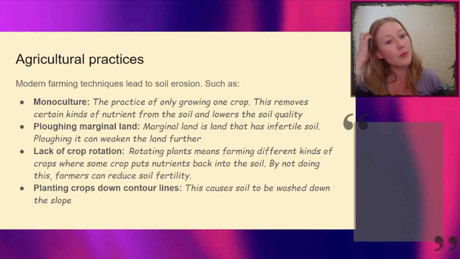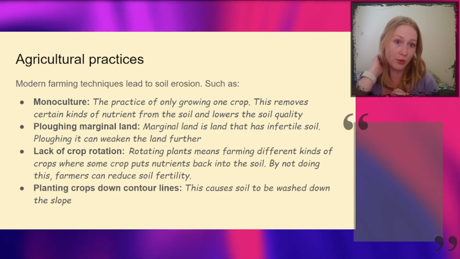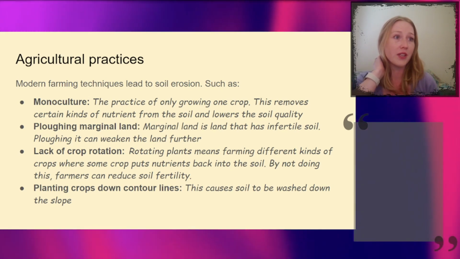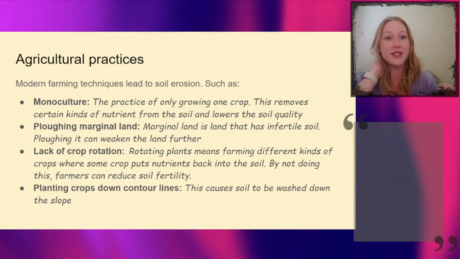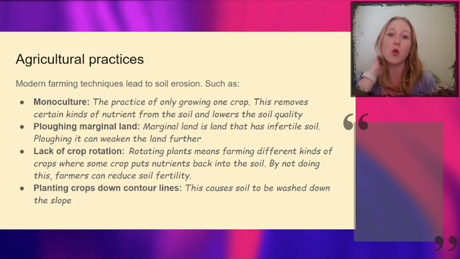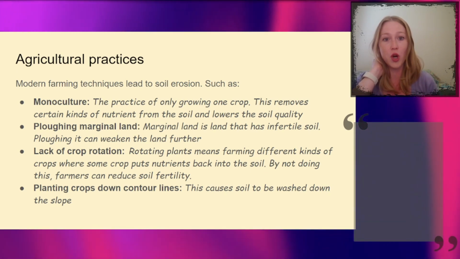Okay. So these are some of the practices that aren't so favorable in terms of soil protection and conservation. So the one is monoculture. Monoculture is the idea of only using one type of crop, so only growing one type of crop.